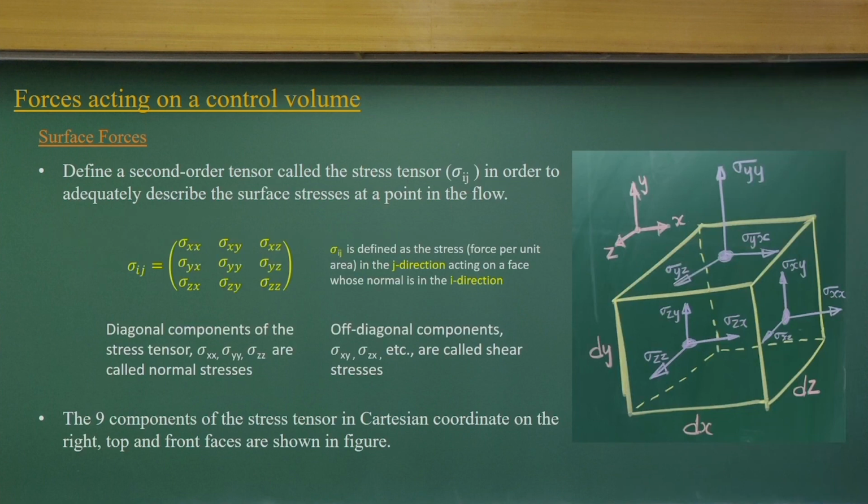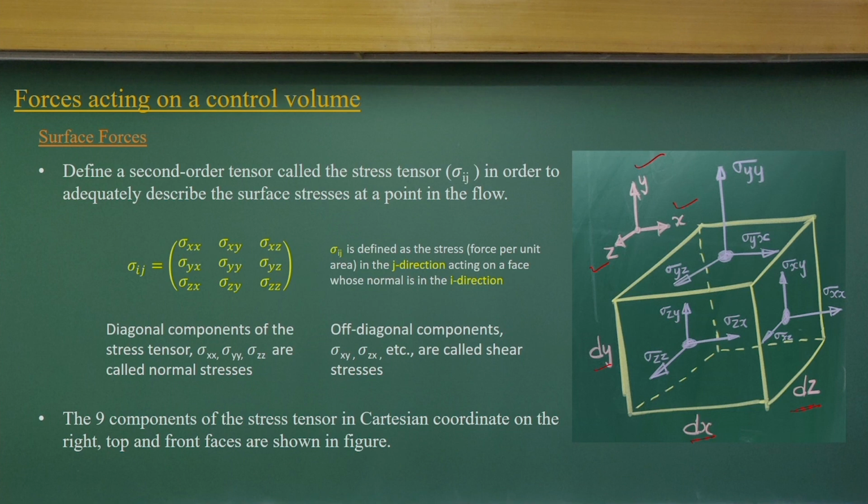Now, coming back to the surface forces, for example, for a tetrahedral structure like this, where you have dx, dy and dz, and your axes are the x, y and z directions, you can define the surface forces as a stress tensor. Stress means force per unit area.